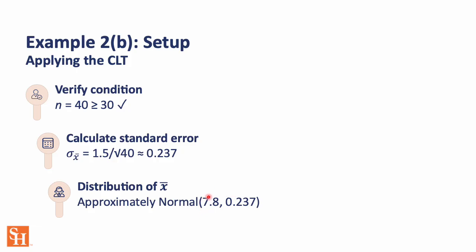For the original distribution the mean was 7.8, and for the distribution of the sample mean that would also be 7.8, because the mean will not vary. And the standard deviation, now we will have a reduced standard deviation. Earlier the standard deviation was 1.5 for the population distribution. Now the standard deviation of the sample mean would be 0.237, right?